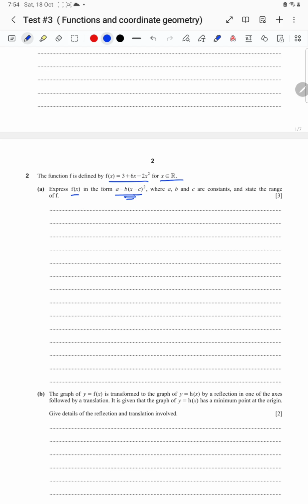So we can write it as f of x is equal to 3 minus 2x square plus 6x. If we take common minus 2 from here, we get x square minus 3x. Now within the bracket we can make the completing square pattern.